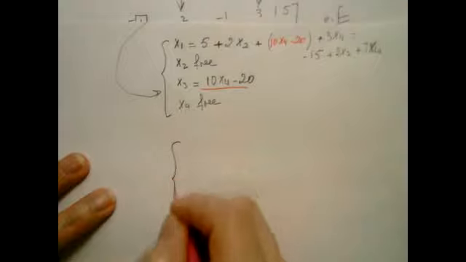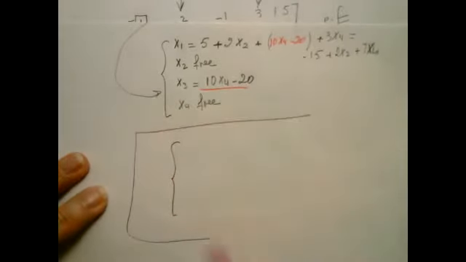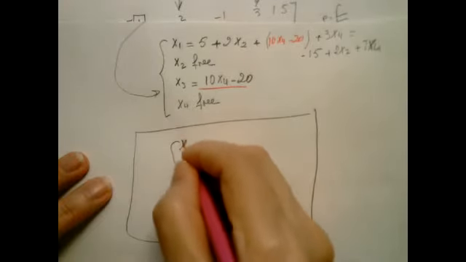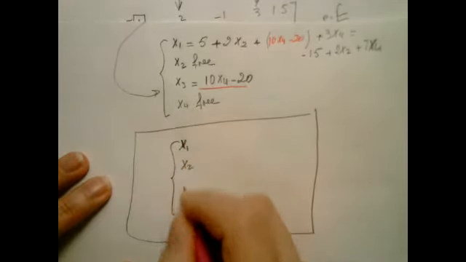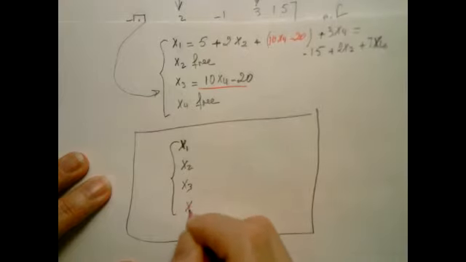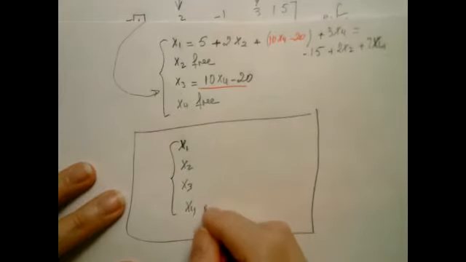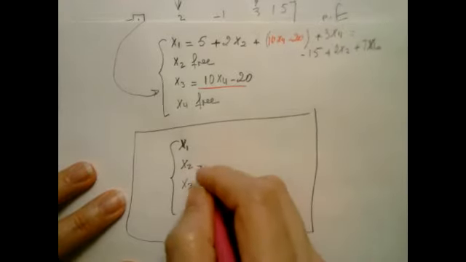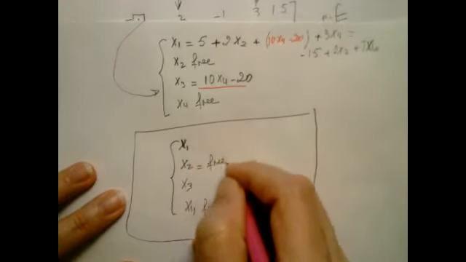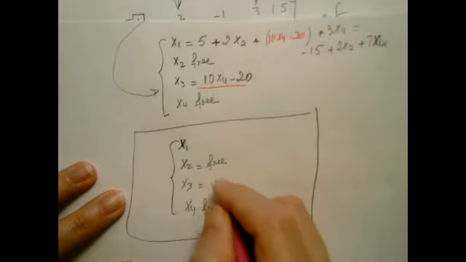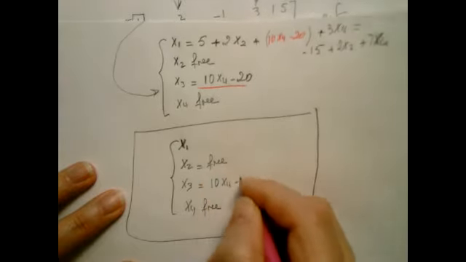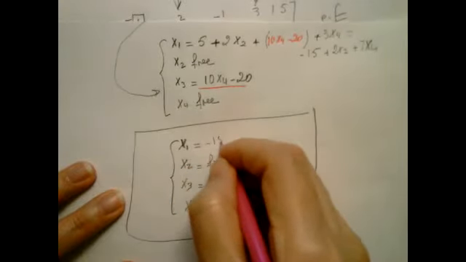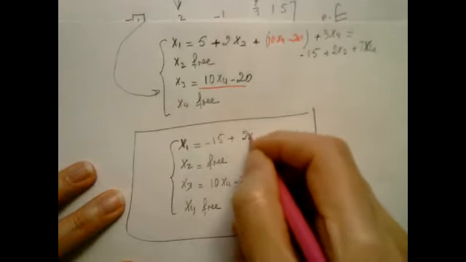So now I rewrite my system just because I want to show you how the solution should show up. The solution should be like this: x1, x2, x3, x4. This free, it means you can associate to this any value you want. This, you can give it any value you want. x3 is totally constrained by the value you give x4. x1 is totally constrained by the values you give x2 and x4.